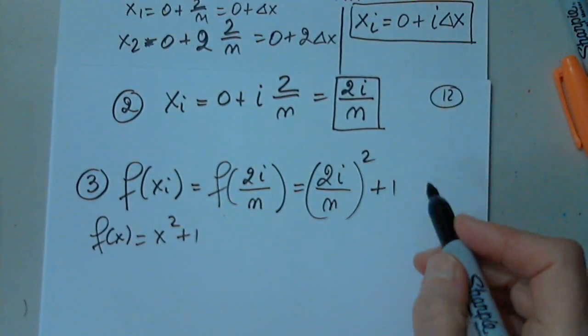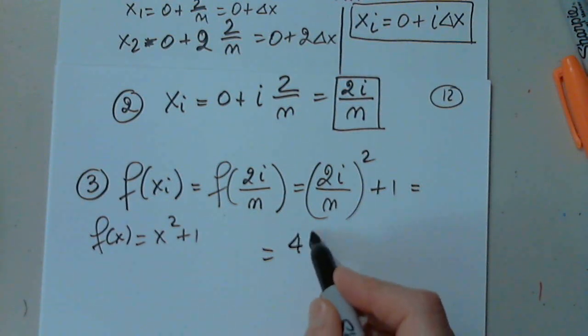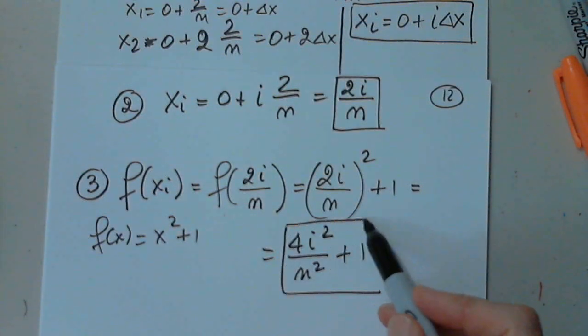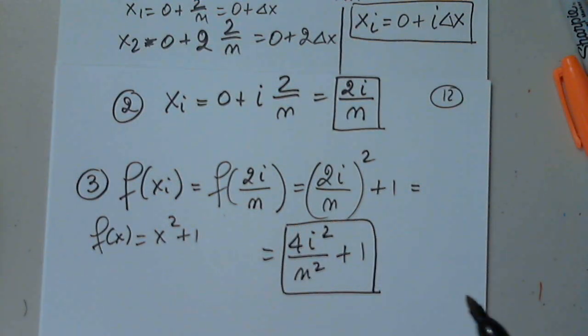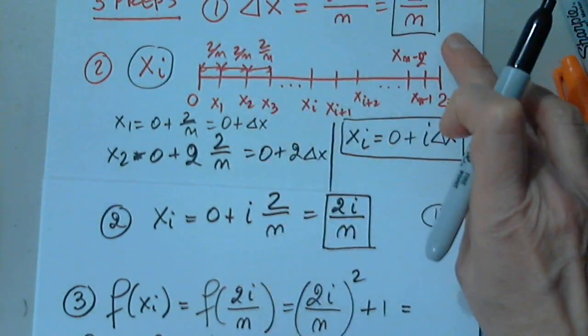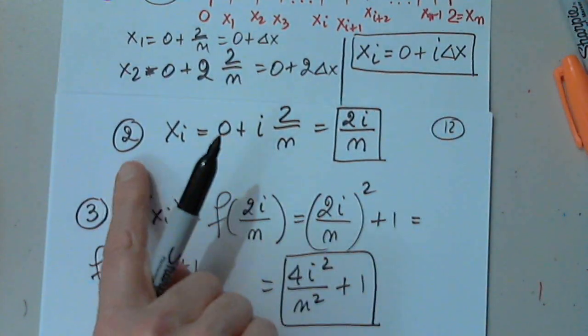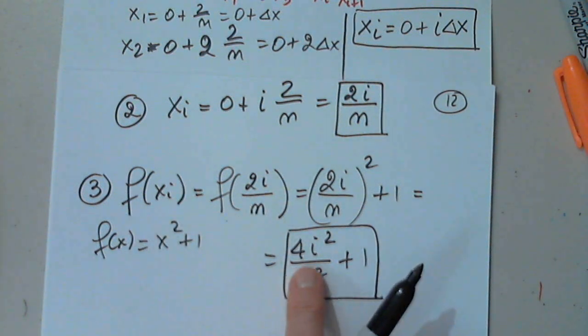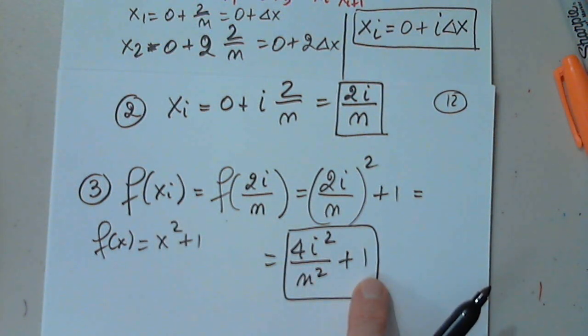I have to simplify it. So this is 4i squared over n squared plus 1. So I have all my preps that I needed. Again, delta x, 2 over n; xi, 2i over n; f of xi, 4i squared over n squared plus 1.